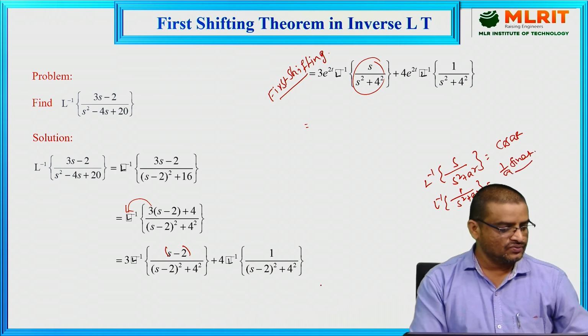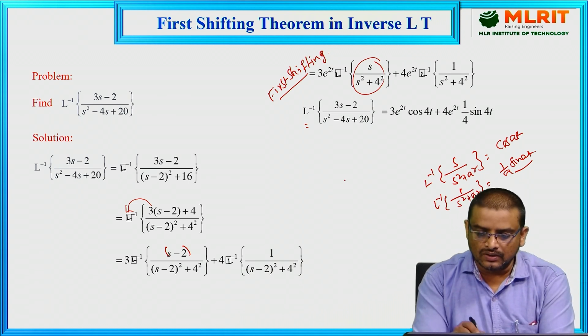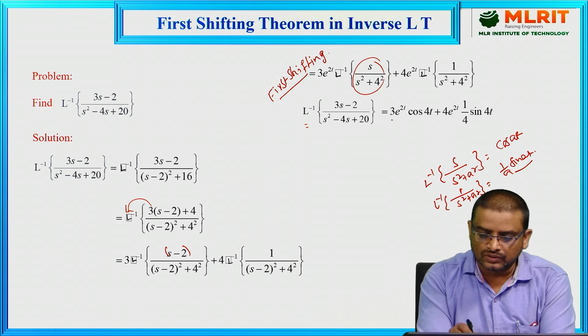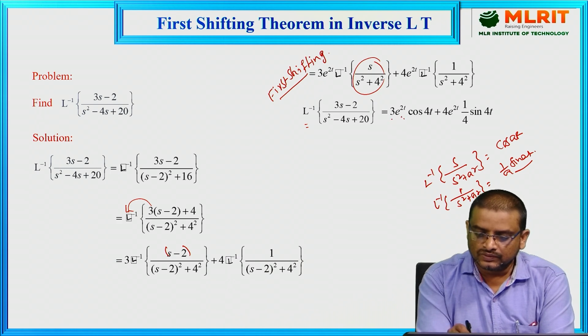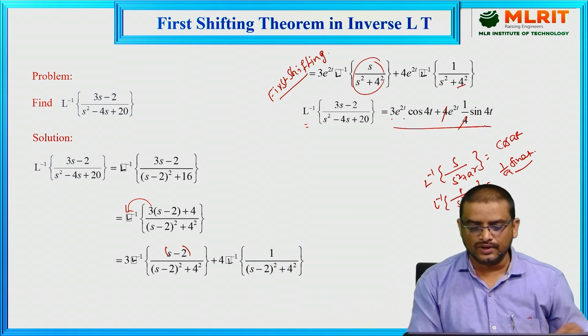Now use these formulas. Finally this is equal to 3 into e power 2t into cos 4t plus 4 into e power 2t into 1 by 4 into sin 4t. This 4 and 4 get cancelled, and you get our required value here.